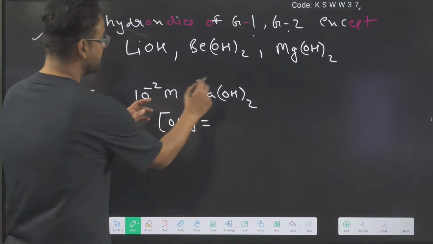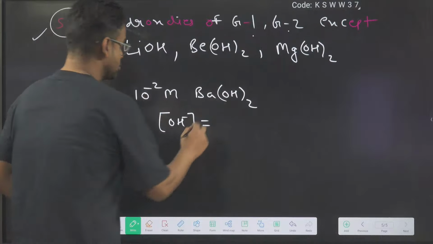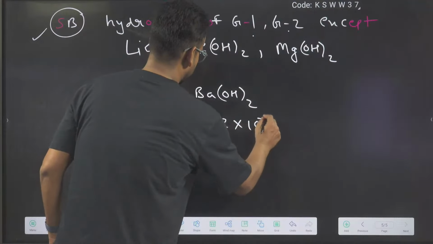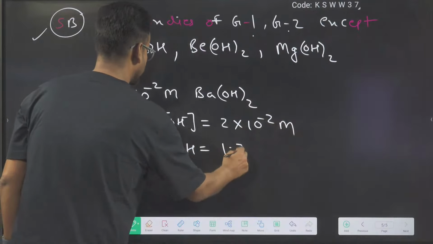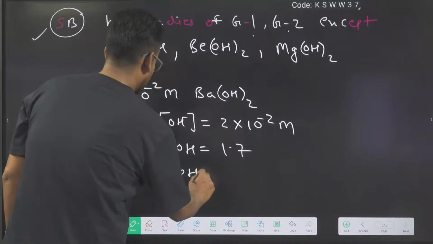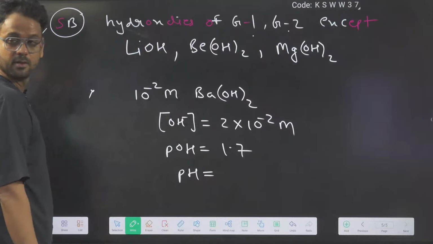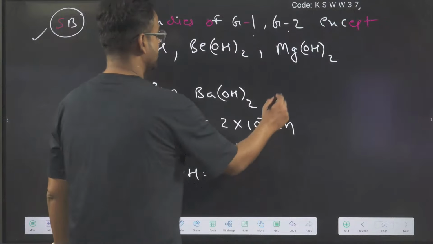This is a diacidic base and it's a strong base, everybody. Okay. So this will be 2 into 10 to the power minus 2 molar. Going by the previous calculation, pOH would be 1.7. And how much would be pH, everybody?